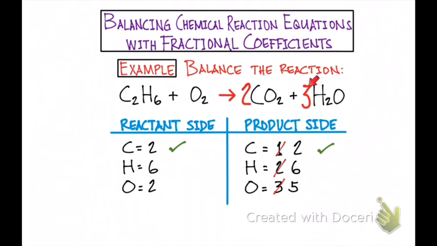And now again, we would have to recount the number of oxygen atoms on the product side. So now we have 3 plus 4, which gives us 7 oxygens. All right, so now we have carbons balanced on both sides, as well as hydrogens. So how do we balance the oxygens?